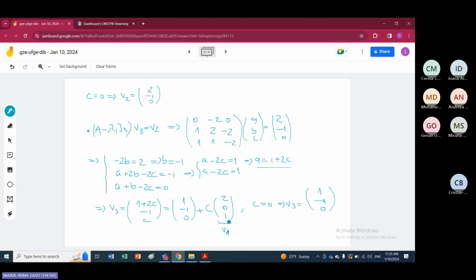This is one of the ways in which you can choose V3, but here it's V1 because V1 is the only eigenvector. I thought I had to get V2, not V1. No, it's okay to have V1 there. Thank you. Welcome.